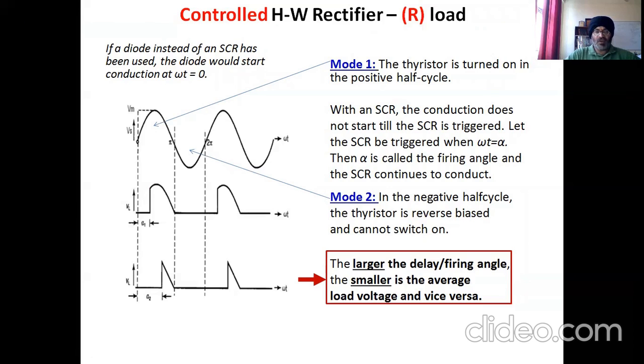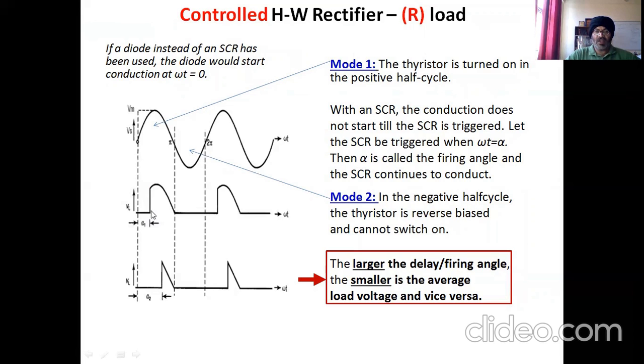Now this is a controlled half wave rectifier, using a thyristor instead of a diode, and still for a pure resistive load. The concept is the same: in the positive half cycle the thyristor becomes forward biased, but it starts to conduct only when the gate signal is applied. Let's say the gate signal is applied at angle alpha, omega t equal to alpha.